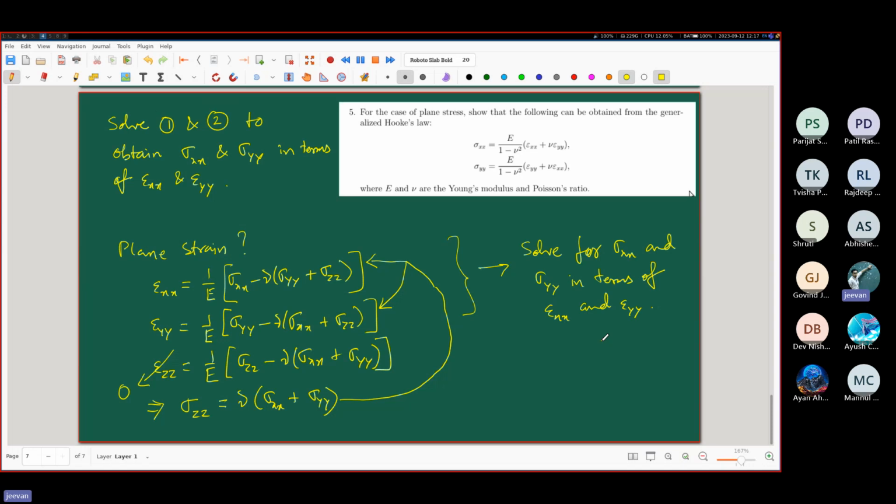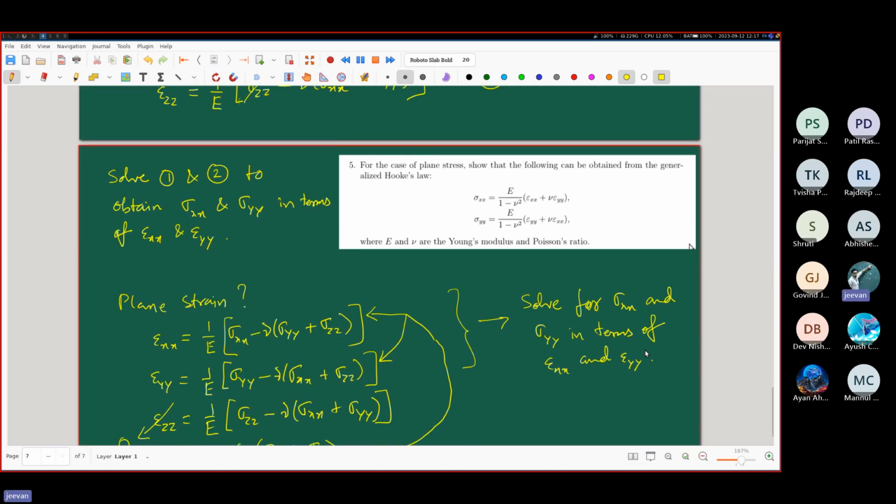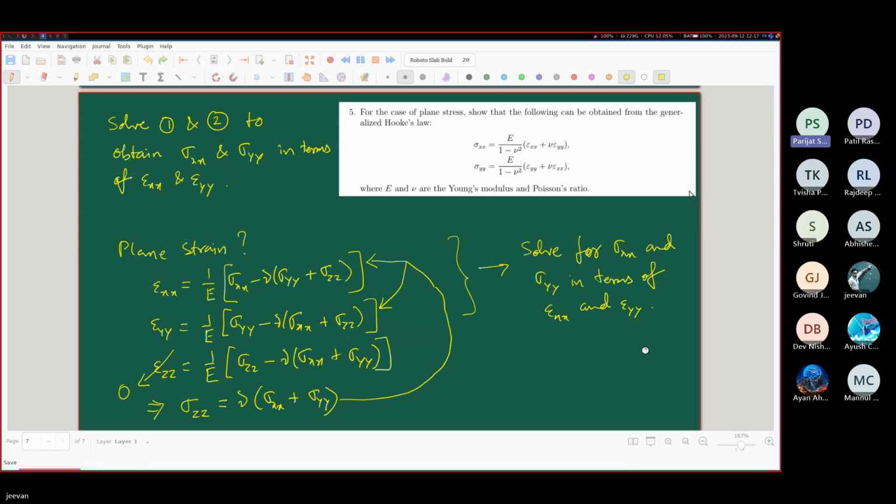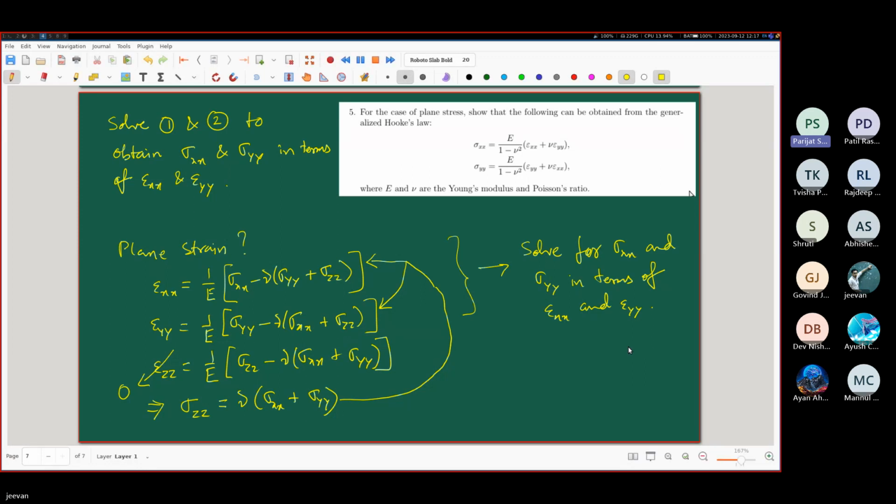So whatever I have discussed till now, is it okay, or do you have any confusion or any kind of special cases that you are thinking for which this kind of strategy may be problematic? Sir, is this the case of plane strain, right? For plane, this is stress, yeah. So what I just discussed, this part. Okay, let me put a mark here. So this diagram corresponds to this.